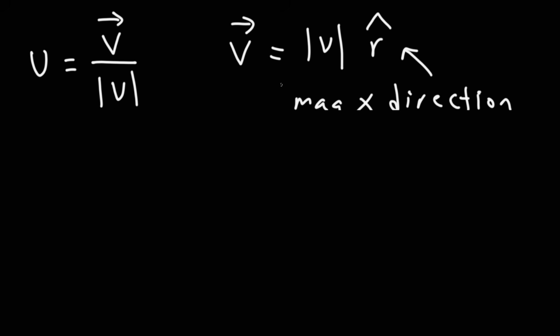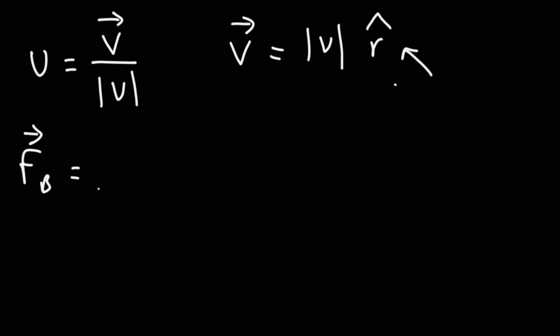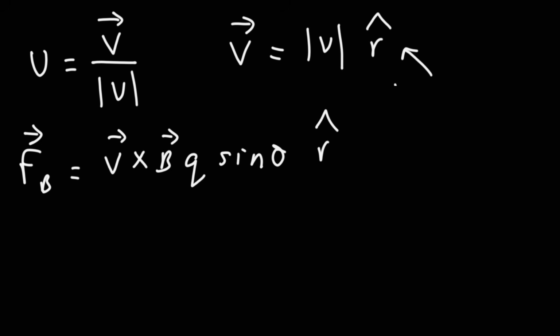So going back to the previous formula that we had, the magnetic force on a moving charge is the cross product vector formula, V cross B times Q times sine theta, and then times R hat. A lot of formulas in physics, you'll see R hat is added. Just remember, R hat is just the unit vector of the position vector.